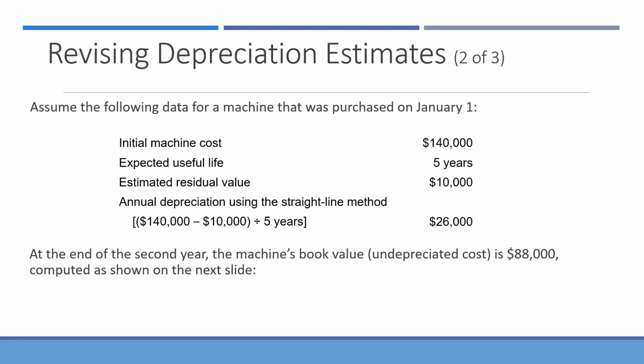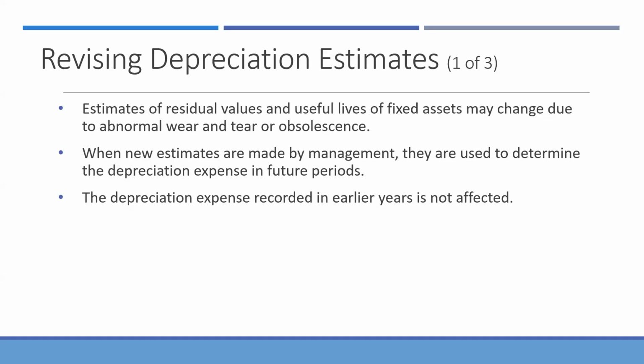Under this, we'll go through some examples here. Changes could involve, we could change our estimate of the useful life. We could change our estimate of the salvage value. And we would just have to recalculate what the depreciation expense is going to be going forward, based on our depreciable cost, the new useful life, and the new salvage value.